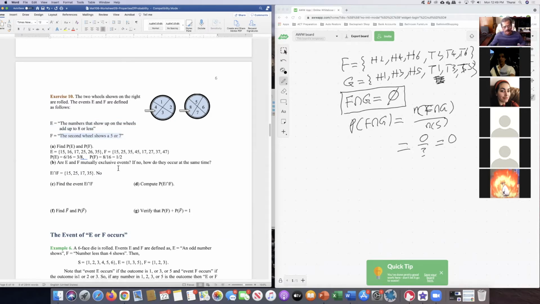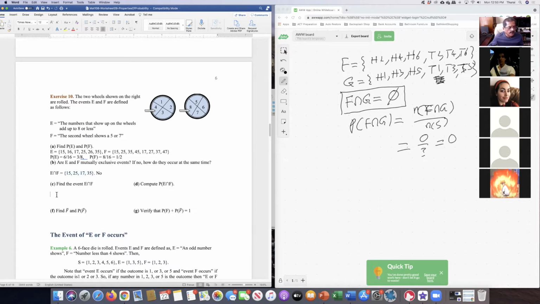In other words, both events happen if the element is one of those in the intersection. So that's the answer you provide. You say, if the actual outcome is 1, 5, or 2, 5, or 1, 7, or 3, 5, then both events occur. Okay, that's how you say it.